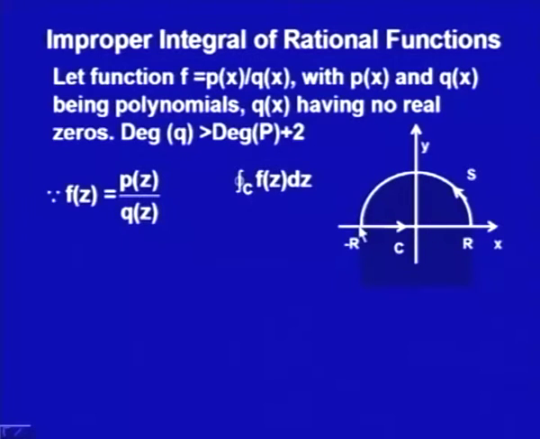Let us take this semicircle of radius r large enough such that all the isolated singularities of f(z) in the upper half plane are interior to this semicircle, which is bounded by the x axis.